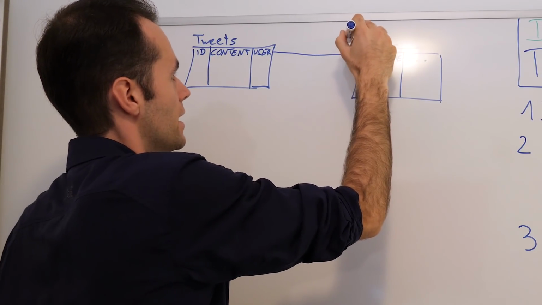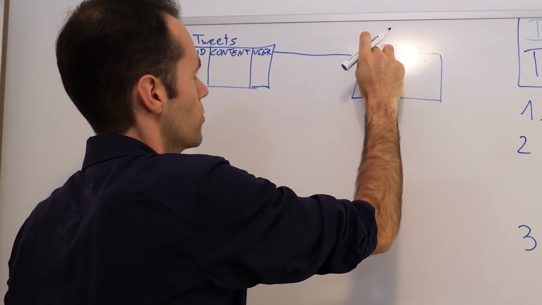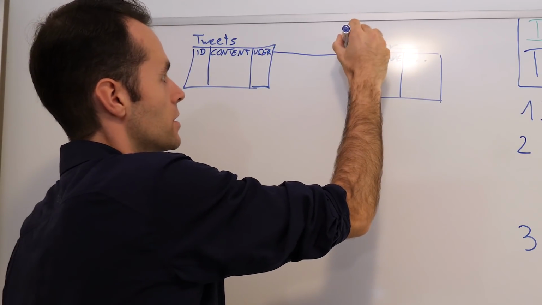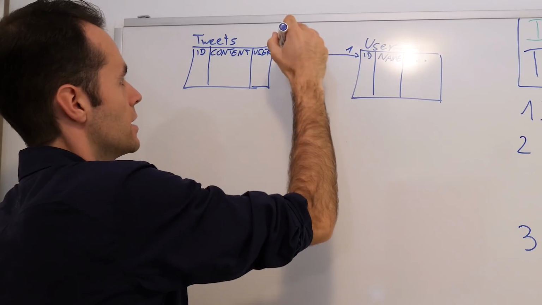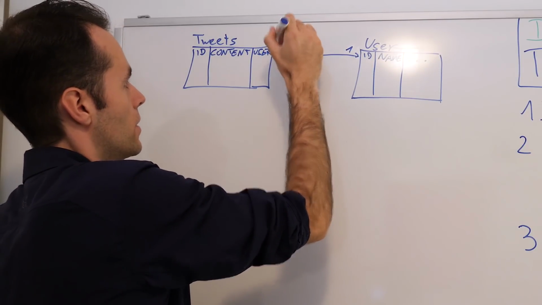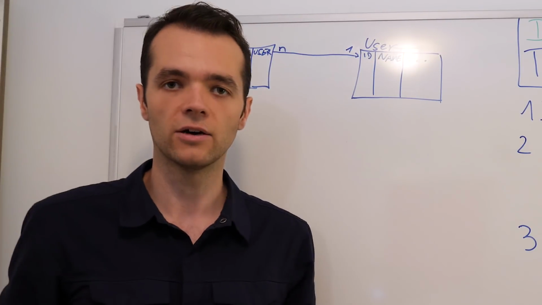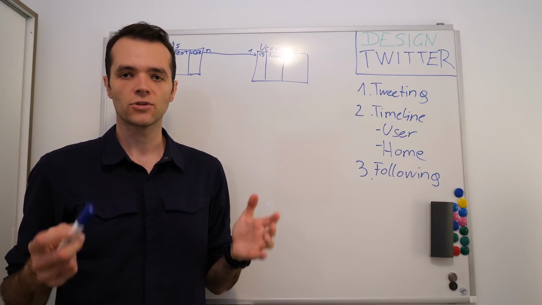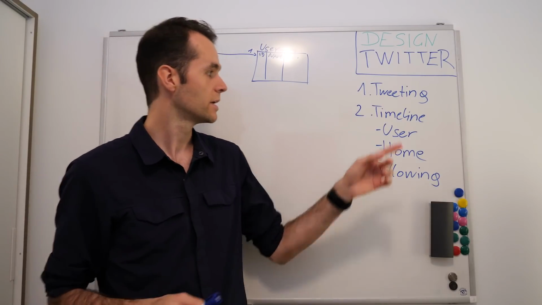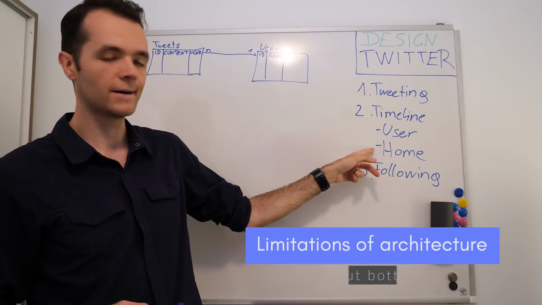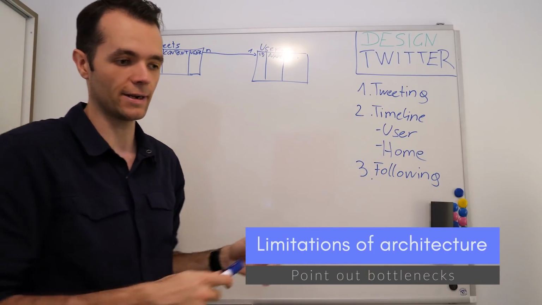So this would be a one-to-many relationship, where one user can have n amount of tweets.